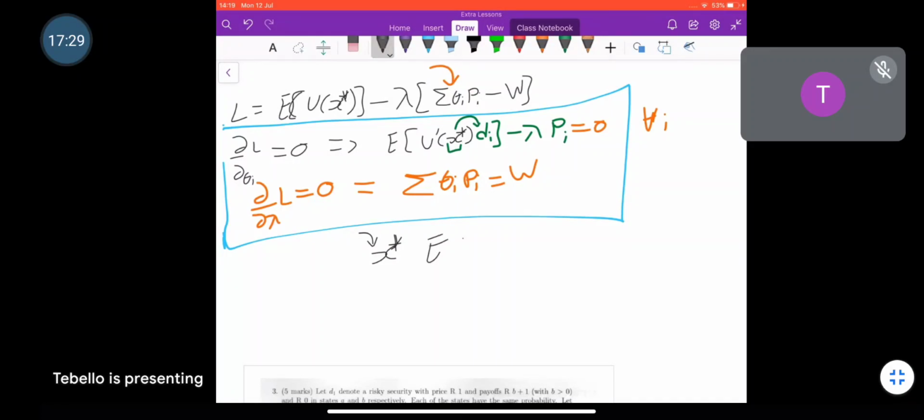Because in the textbook on page 242, it says the constraint, x equals the summation of theta i times di. So that's what that x star is, right?